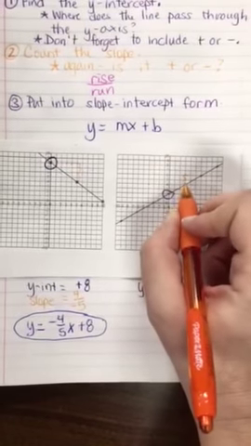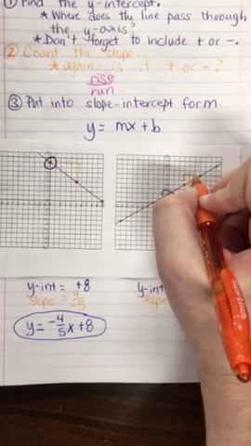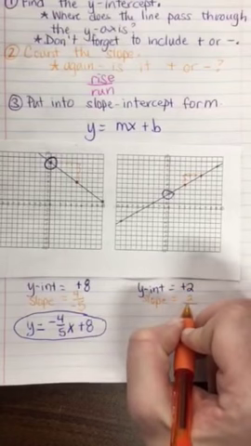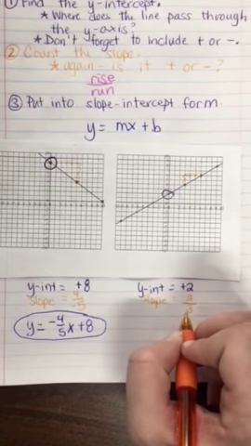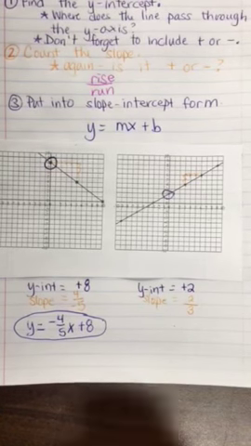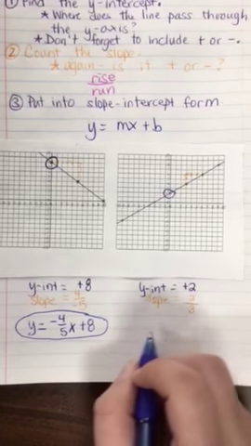So I rose 2, so that's a positive 2. And then I'm going to go to the right, 1, 2, 3. Going to the right is also a positive direction, so my denominator is a positive 3. So I have my y-intercept as positive 2 and my slope as positive 2 over 3.